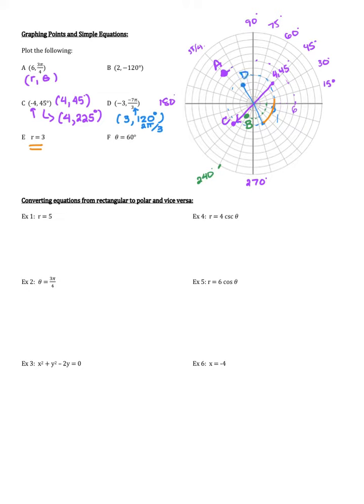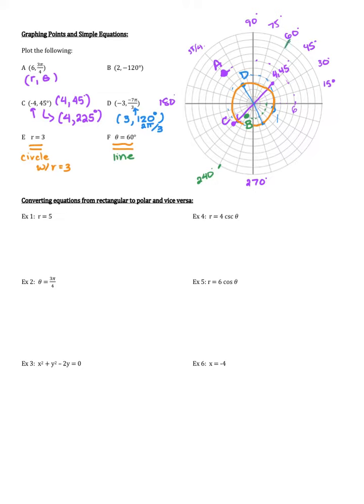Okay, so a radius of 3 just means you're going to draw a circle that is a radius of 3. That's it. So this is just going to be a circle with a radius of 3. And the pole is going to be at the origin. If you see just theta, well, I'm going to do that in green, that's going to be the equation of a line, and theta equals 60 is going to be your slope.